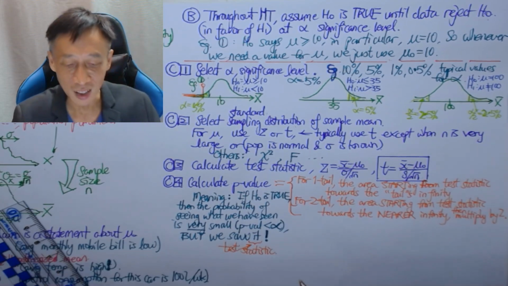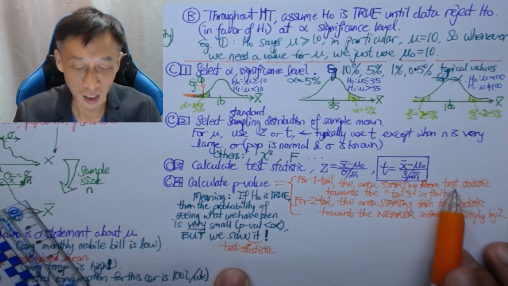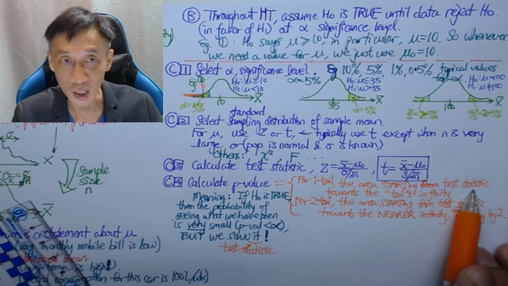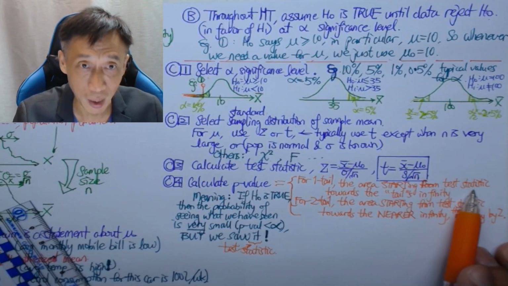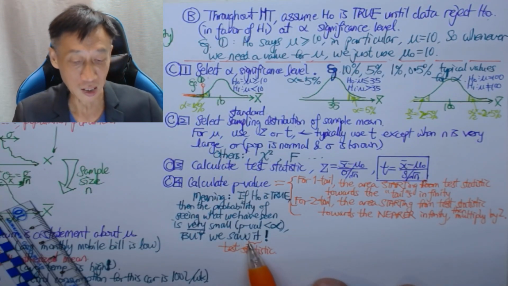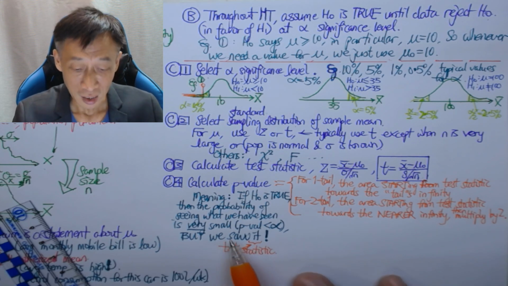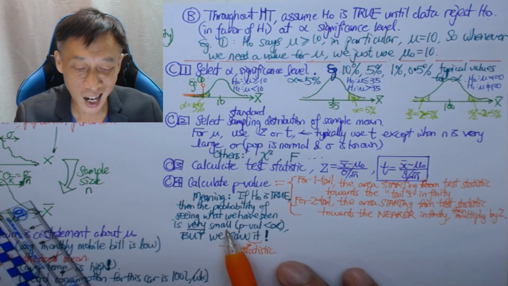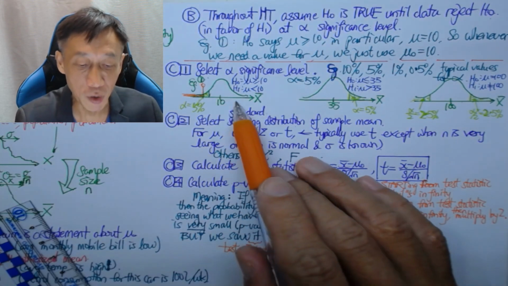Remember what is test statistic? Test statistic is derived from data, and p-value is derived from test statistic. So they're all connected. P-value is defined by data. So what we have seen in the data has a very small chance of happening if we assume that the monthly bill is very expensive.